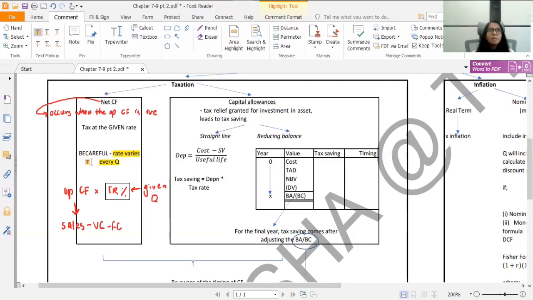Example, let's say most of the NPV questions, the tax rate is 30%, right?